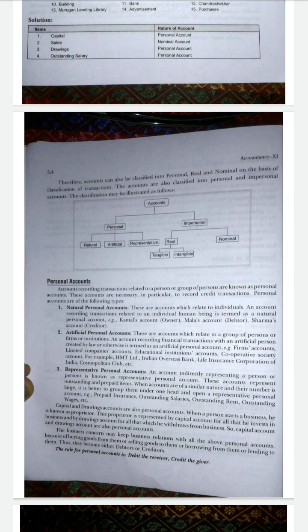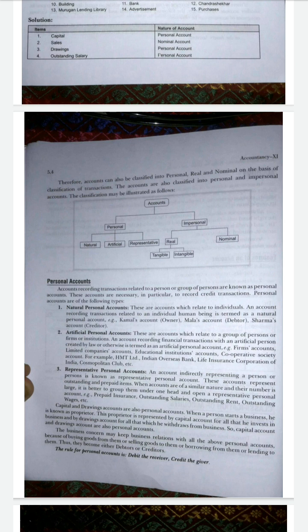First, let us see what personal accounts are and how to identify them. Personal accounts are accounts recording transactions related to a person or a group of persons. These accounts are necessary to record credit transactions.